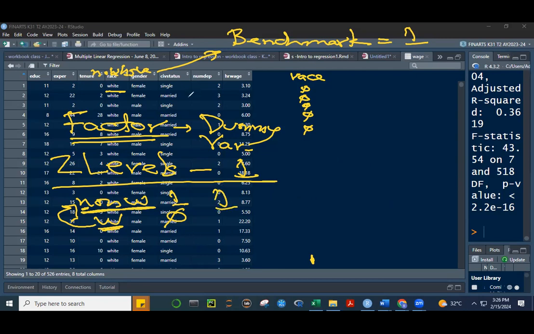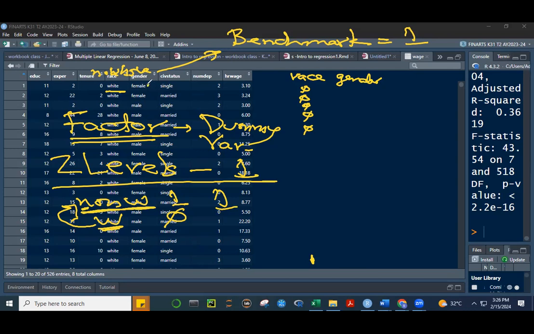Okay? All right, next, si gender. Okay, dalawa lang din, di ba? Female, male. So, si female, siya yung magiging benchmark or reference. Therefore, we're going to dummify this.